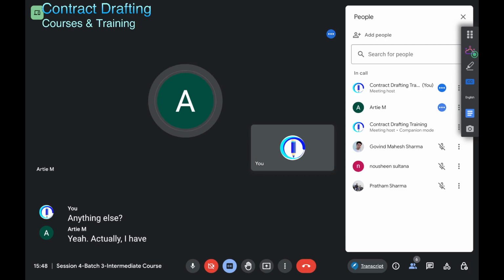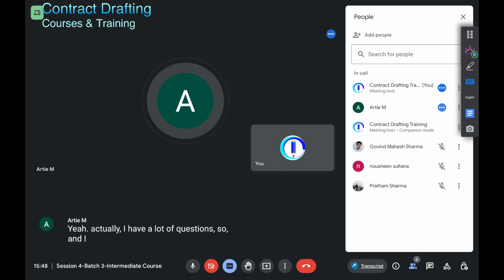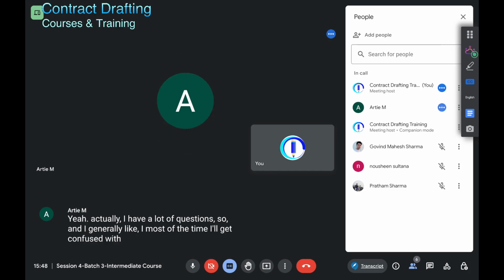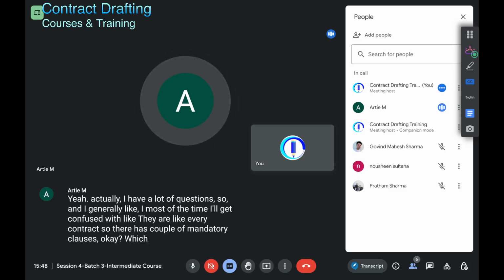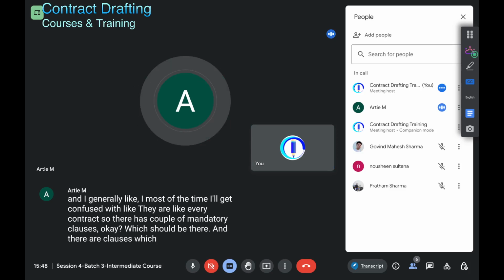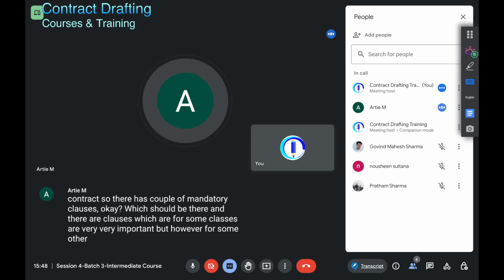Most of the time I get confused with every contract. There are a couple of mandatory clauses which should be there, and there are clauses which are very important for some agreements, but for some other agreements they are not important, and we can skip those.